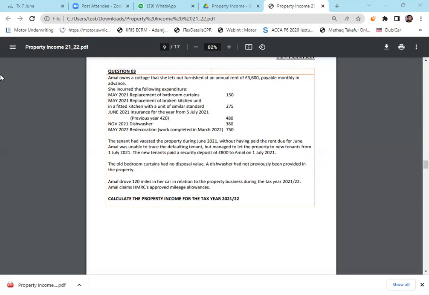A dishwasher has not previously been provided in the property. Amal drove 120 miles in her car in relation to the property business during the tax year 2021 to 2022. Amal's claim HMRC's approved mileage allowance. Calculate property income for the tax year 2021 to 2022.